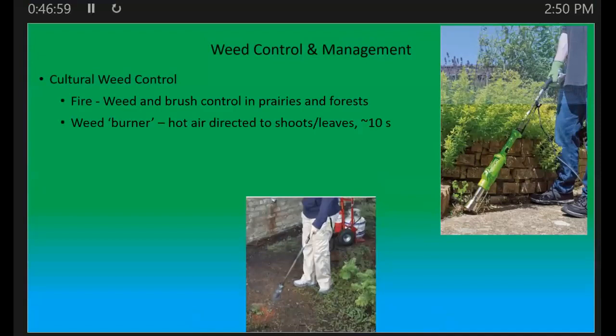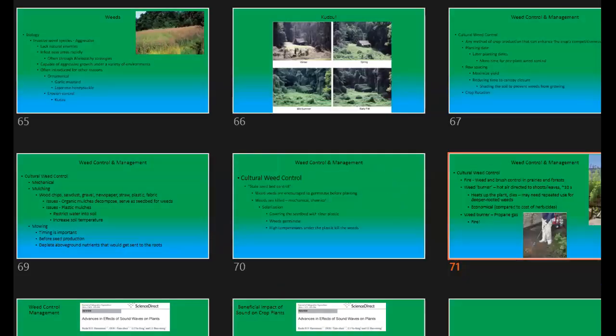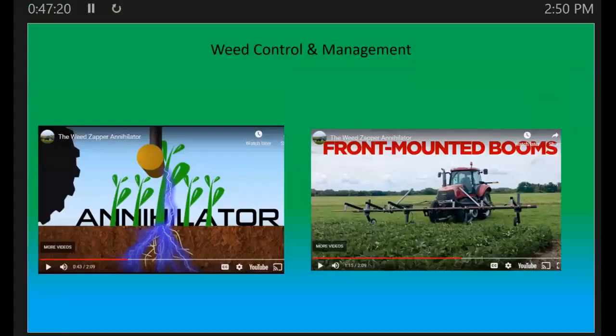Let me show you some things you can do around your home. This thing on the right is a heat tool, kind of like a high-powered hair dryer, and you can use it to burn the weeds. The one on the bottom actually uses fire with propane gas, so you don't have to plug it in and can take it out into your field. And then look at this contraption. They actually sell huge tractors that zap weeds with electricity.